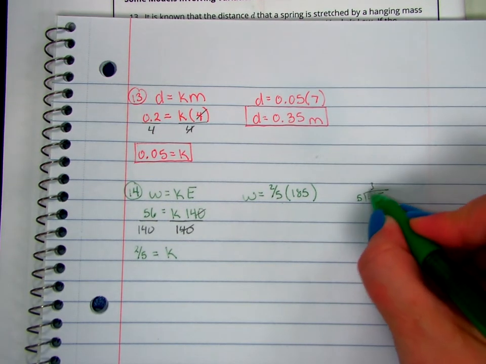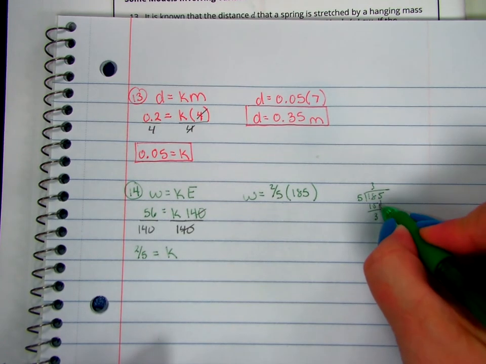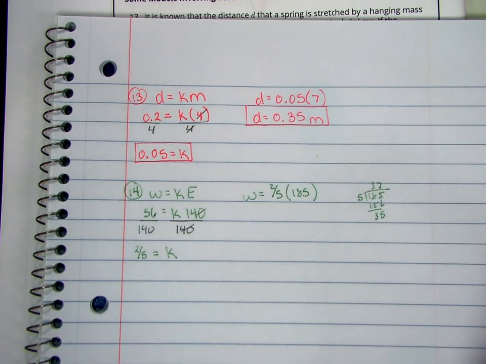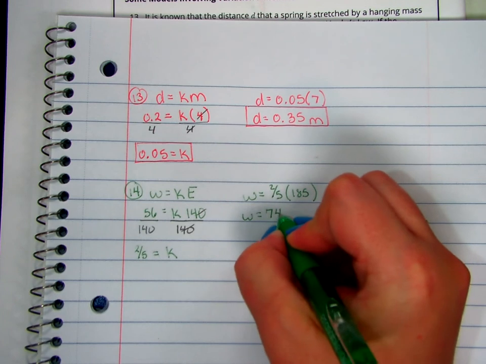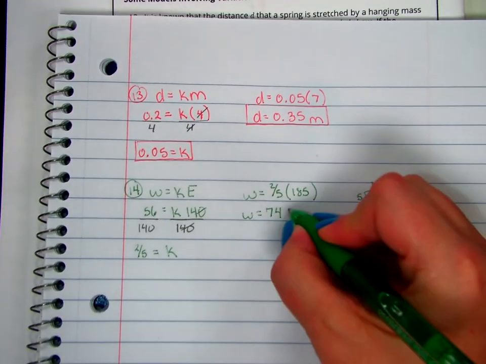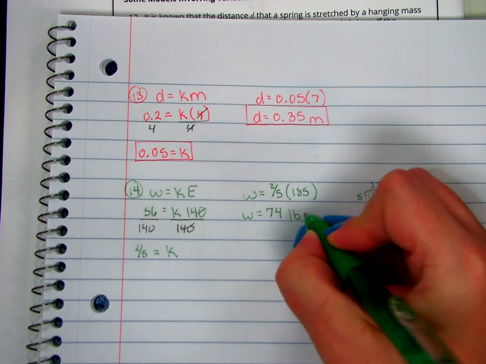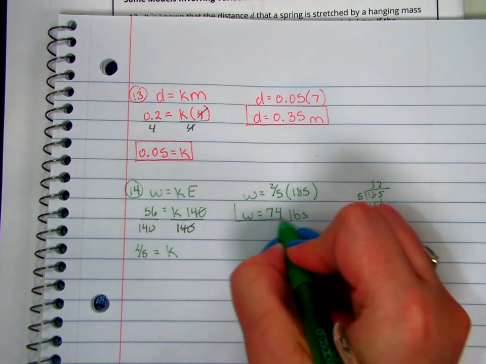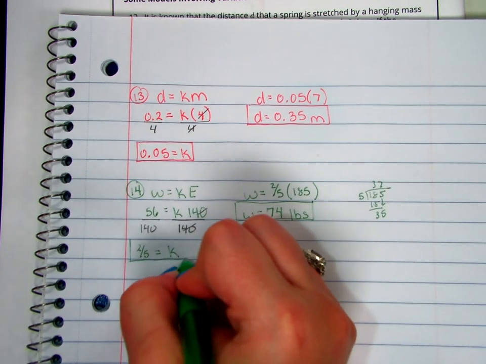It doesn't matter what order you do it in. I would probably do the 185 divided by 5 first because I know it goes in evenly. So that's going to be a 3. That's going to be 15, 16, 17, 18, 37. And then 2 times 37 is 74. And my units were pounds, right? Pounds. So on Mars, if I'm 185 pounds here on Earth, I'll be 74 pounds.